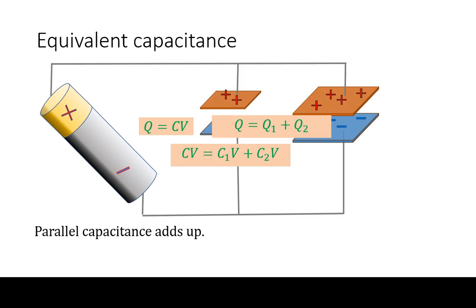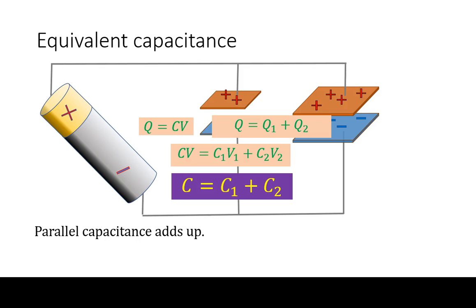Factoring this out, we find that the expression for equivalent capacitance for parallel capacitors is just the sum of their respective capacitances.